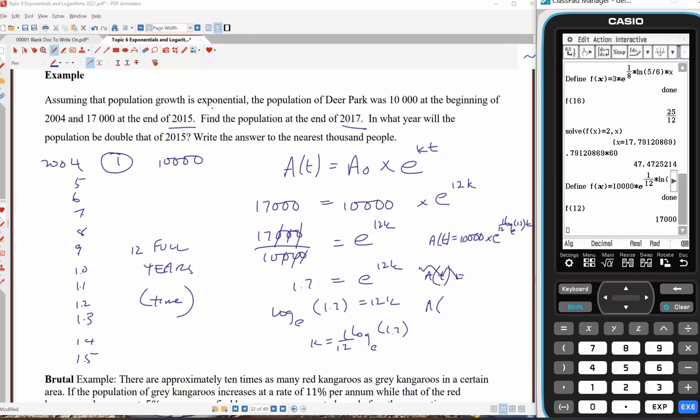So f of 14, or A of 14 in this case, equals 18571.93. Okay, to the nearest 1,000 people.